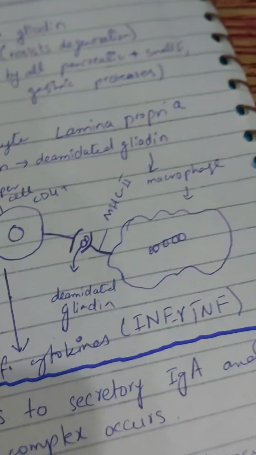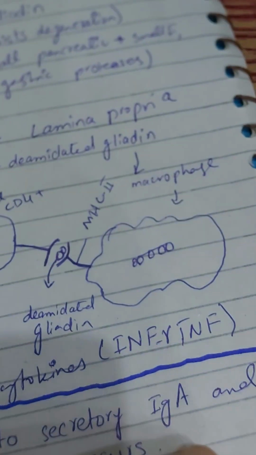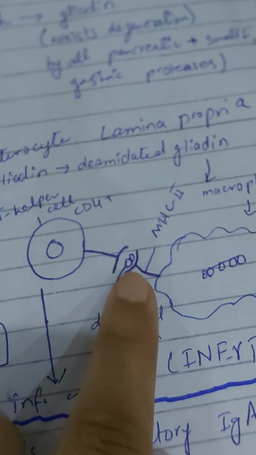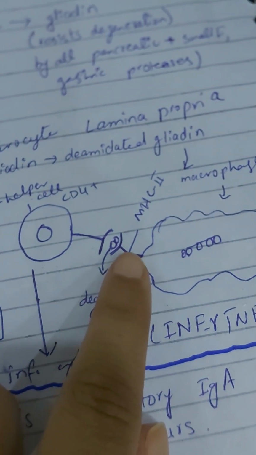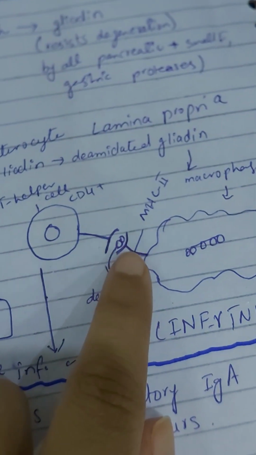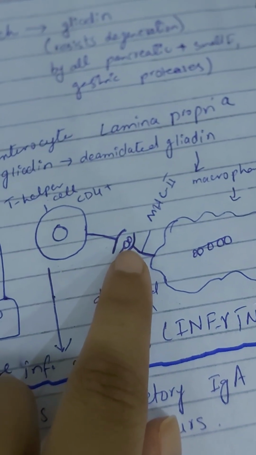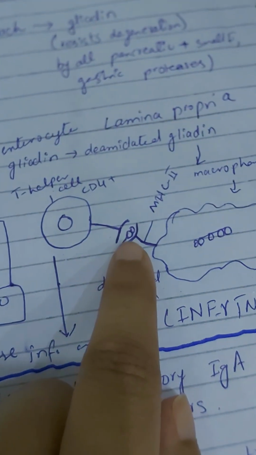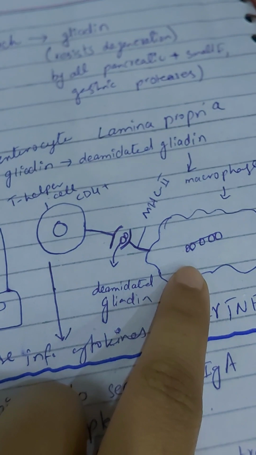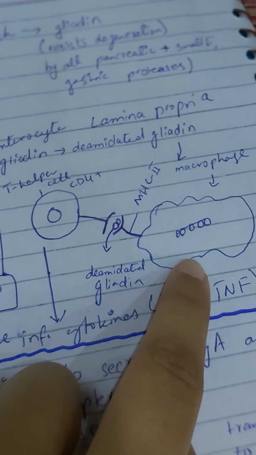Like this, you can see the structure. This is a macrophage, and it is the MHC2 protein that presents the deamidated gliadin, which is present on the membrane of macrophages.